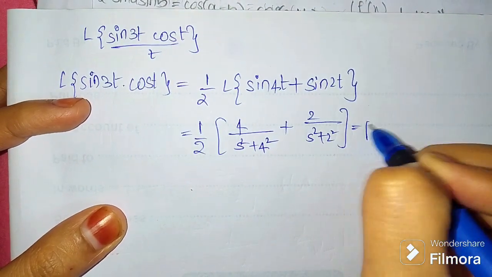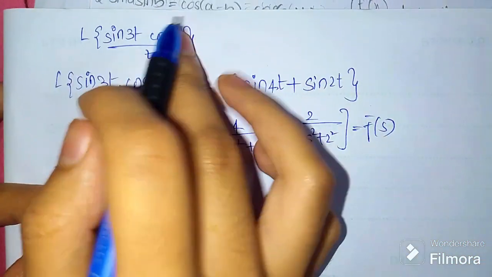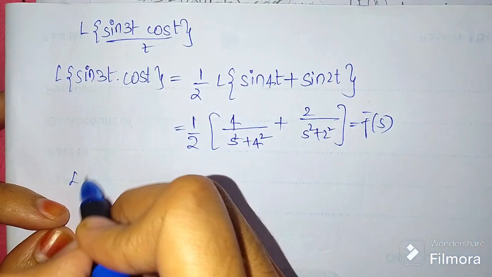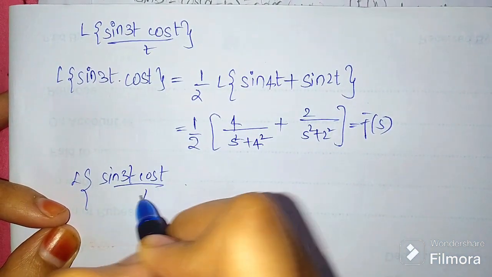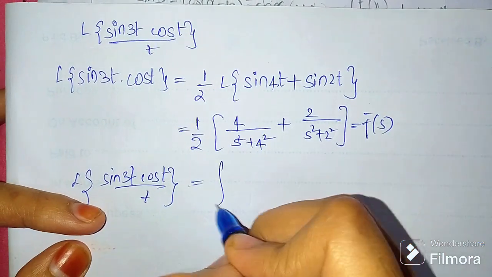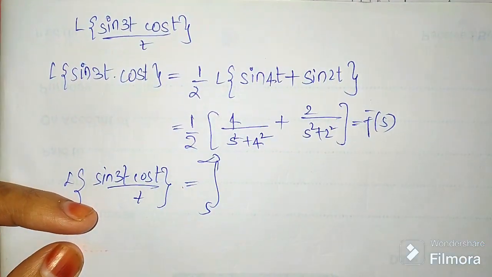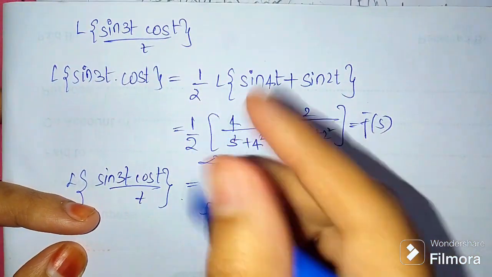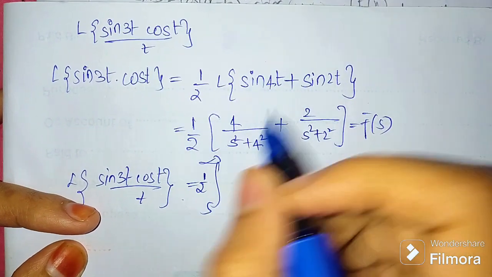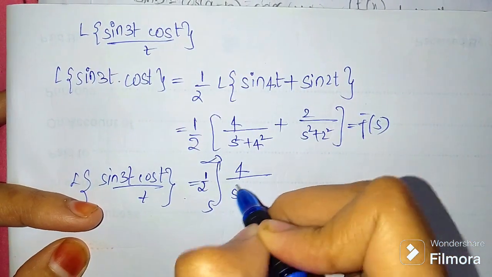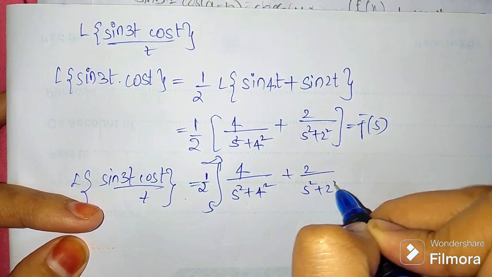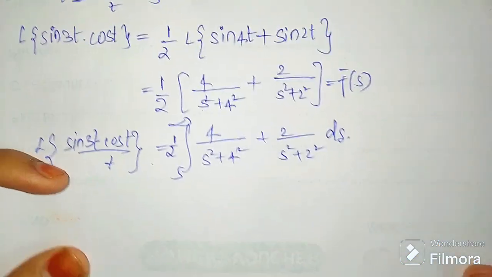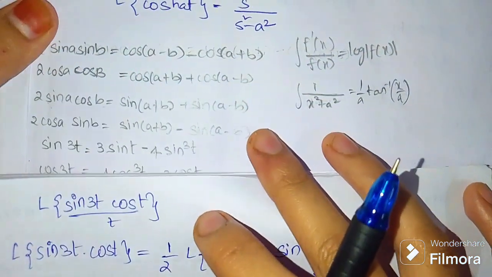So now this is my f bar of s. Now I have to find this. So Laplace of sin 3t cos t by t is integral s to infinity f bar of s, which is this. So I'm putting constant outside and writing this inside. So with respect to s we are doing so ds. So now the formula I told you should write this one.